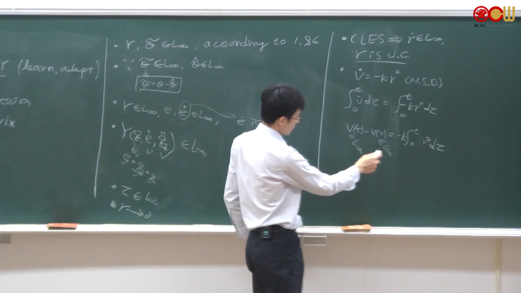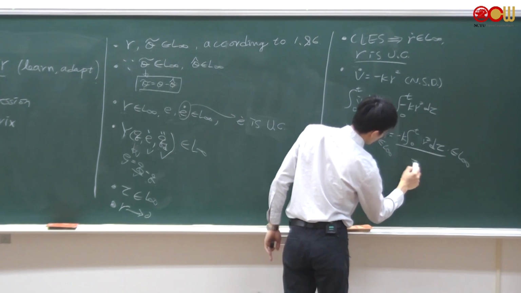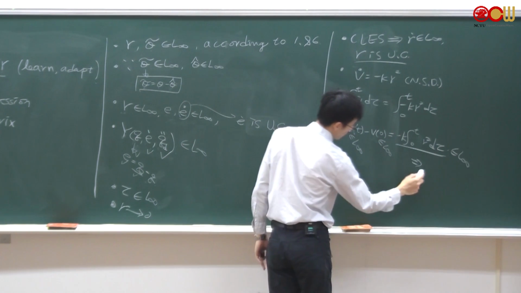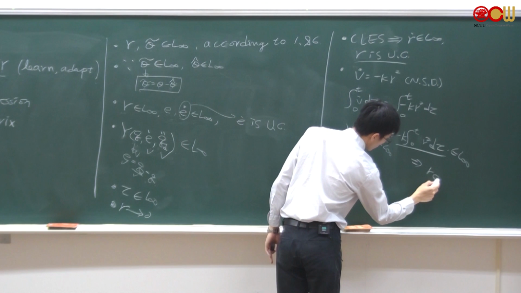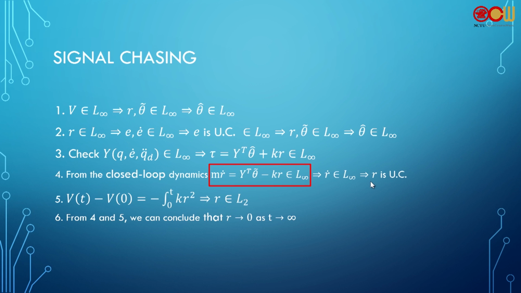That says R is an L2 signal. R is uniformly continuous and R is L2, so we can show that R converges to 0 as t goes to infinity. So we show the control is bounded, and R converges to 0 as t goes to infinity.